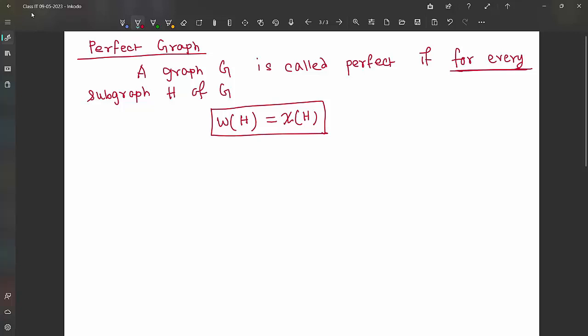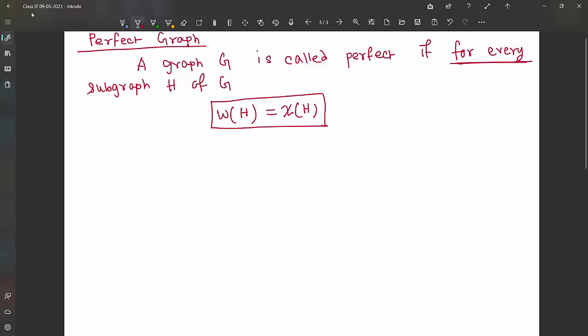If for every subgraph H of G the clique number is the same as the chromatic number, then this is a perfect graph, otherwise not.